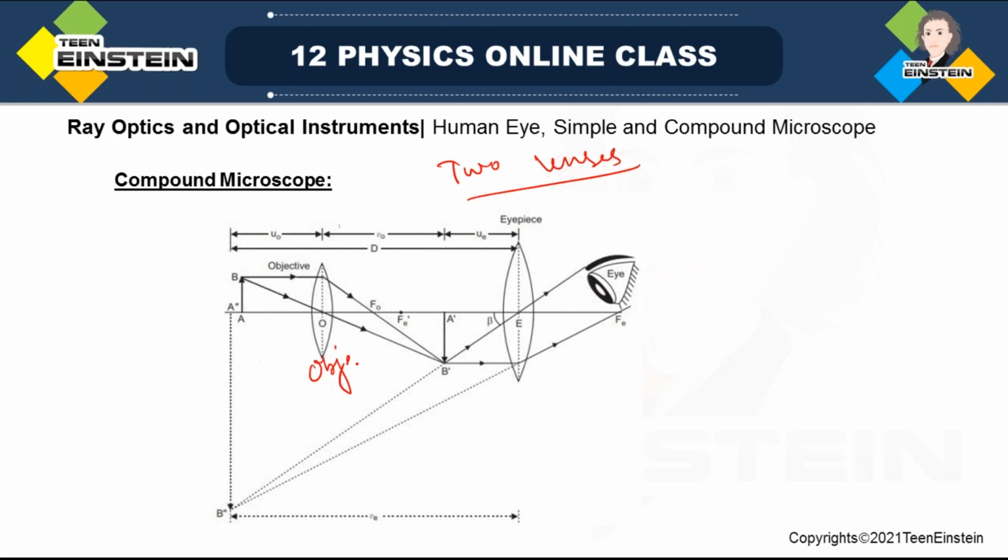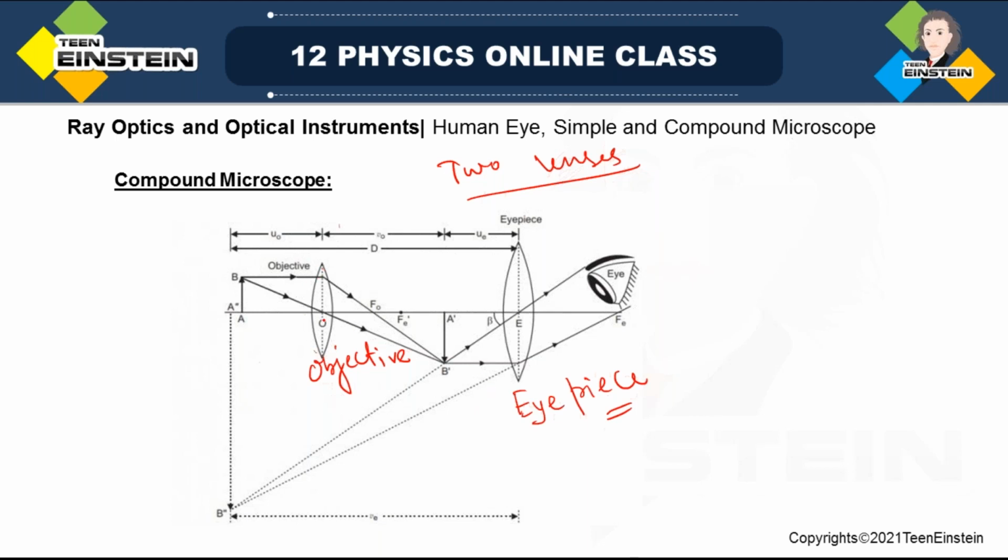Another lens is kept near the eye, from where you are viewing. This is called the eyepiece.